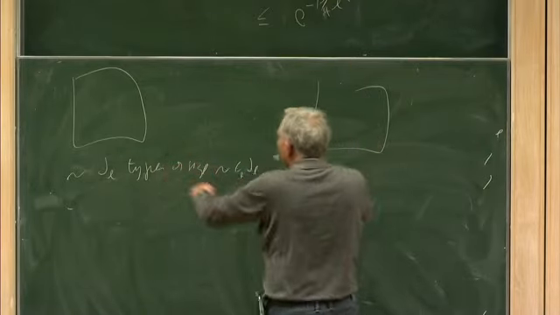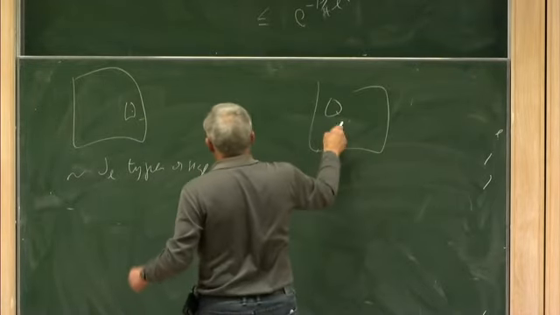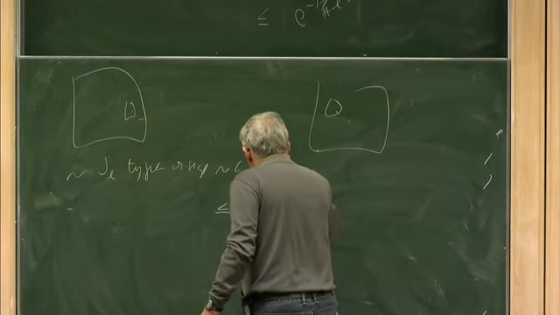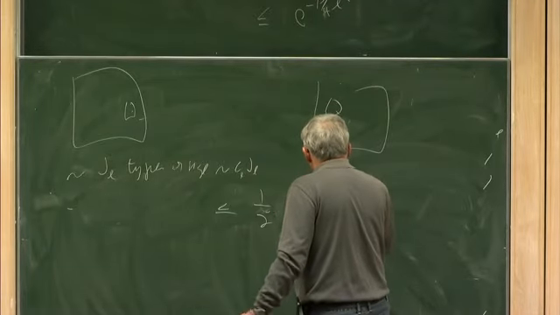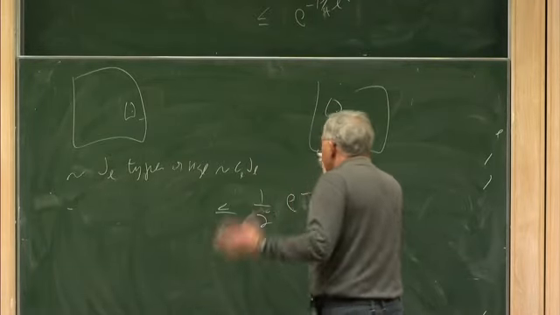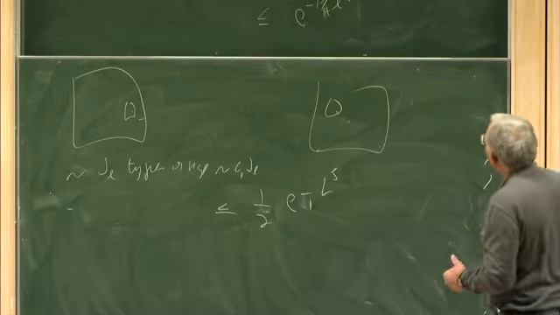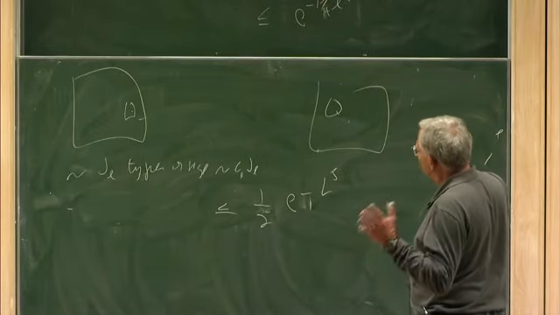And I do that for every one of these boxes here to every one of these boxes here. In the end, I put everything with the choices we have made. I get another half of e to the L to the zeta. But probably I don't want a half. Maybe I want a 2 or a half, doesn't matter.